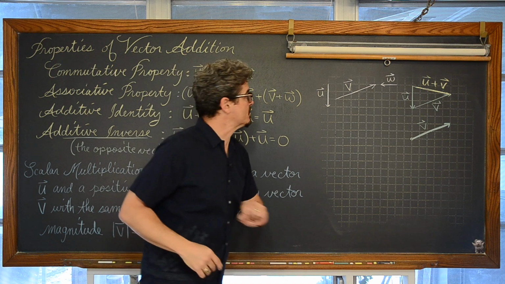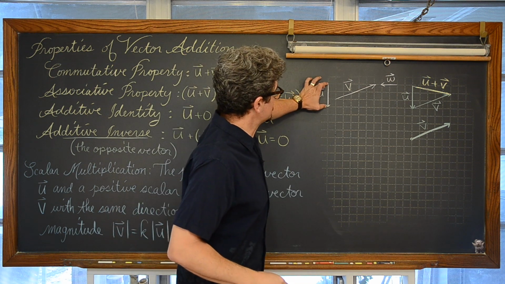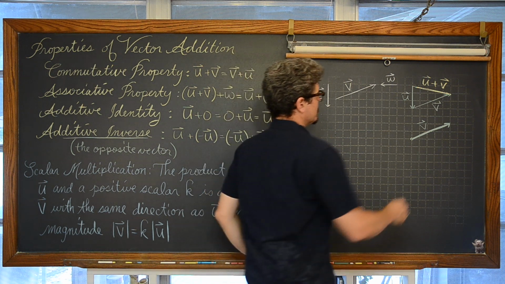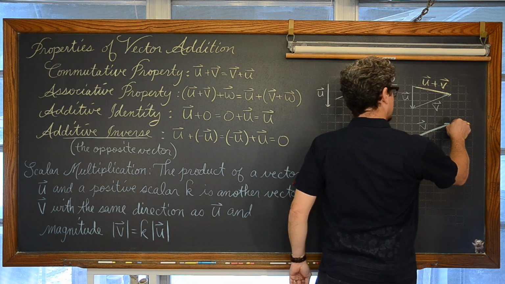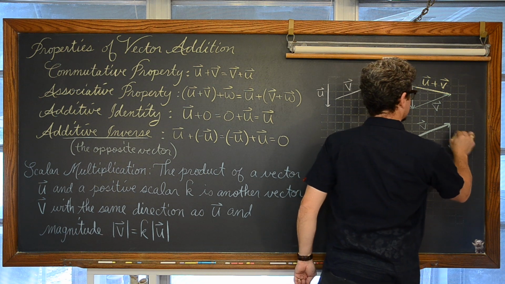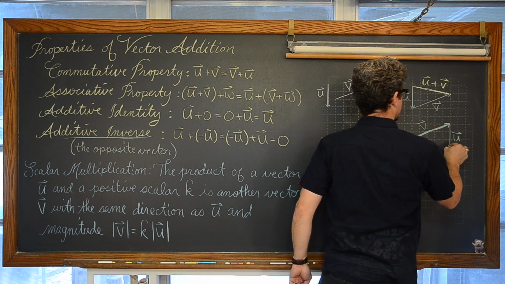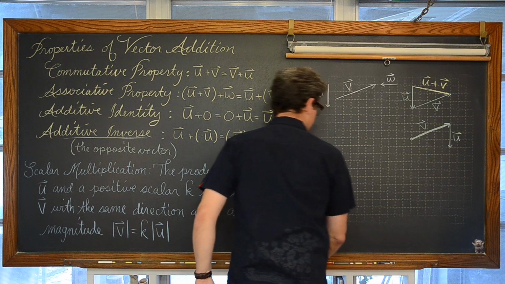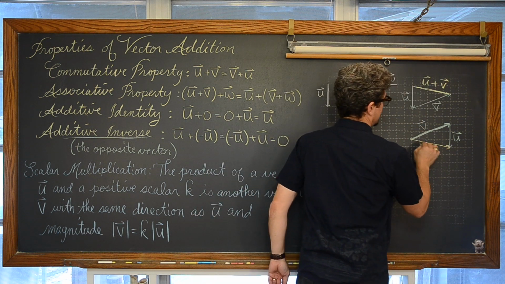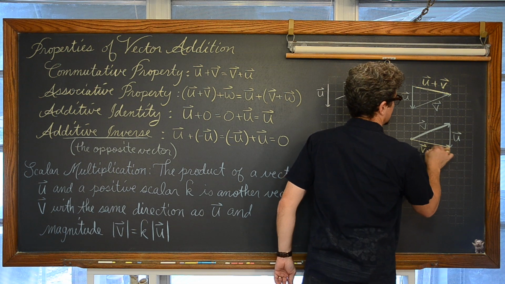That's what the graph paper is doing here, besides giving me a more accurate picture. Vector u is down 3, so down 1, 2, 3. So here's vector v, here's vector u. Connect the initial point with the terminal point. Here we're looking at vector v plus u.